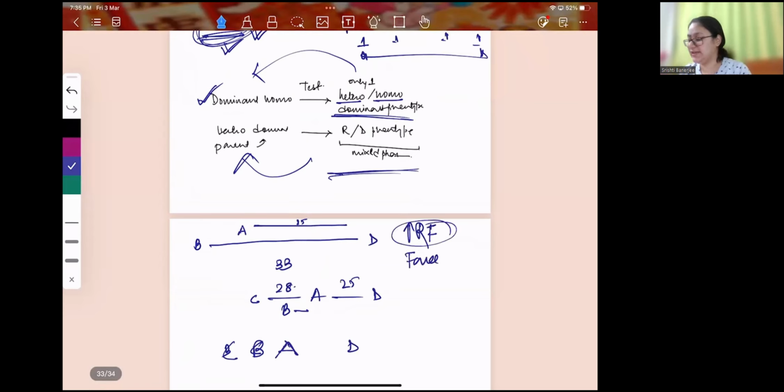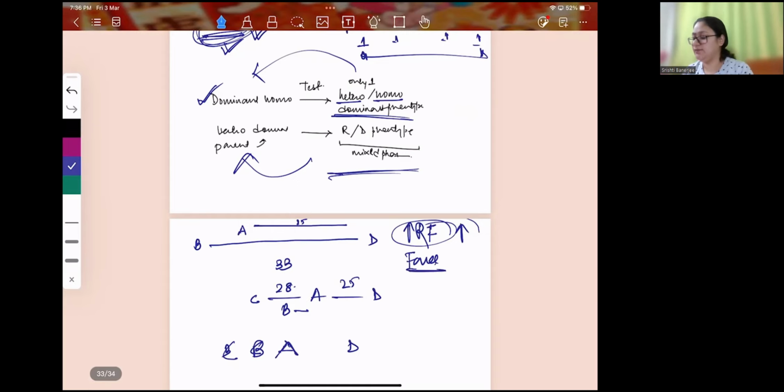So whichever has the highest recombination frequency, this is addressed to Arushi if you're listening. Is my screen visible? Yes. So the higher the recombination frequency, the farther away the genes are.